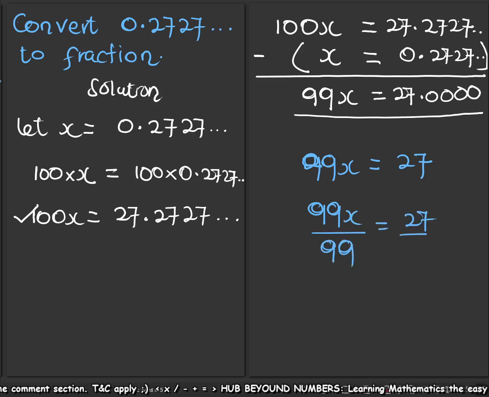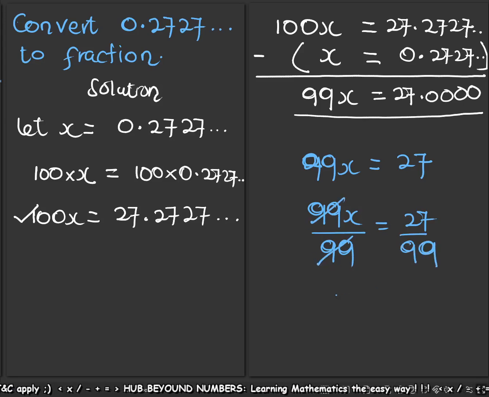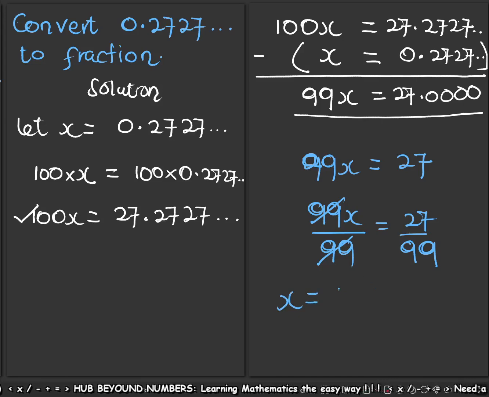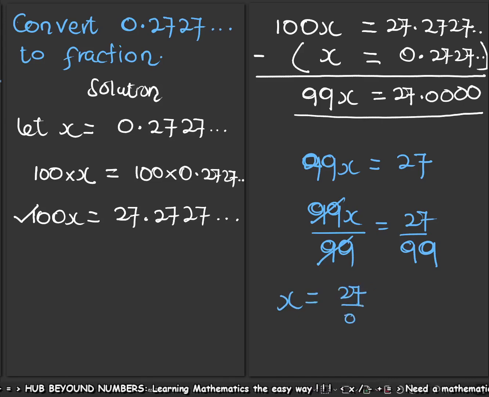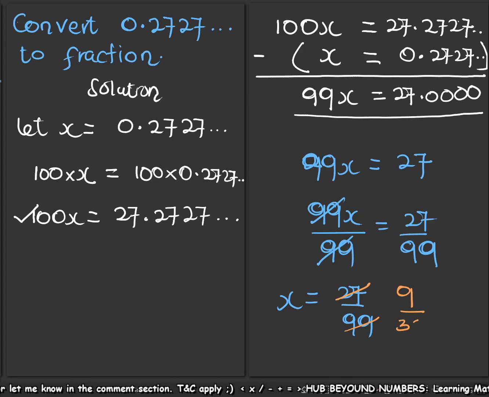And if we divide both sides by 99, we have 99 taking out 99, then our x being equal to 27 over 99. Now we know 27 and 99 have 3 in common as their common factor. So 3 divides 27 to give us 9, and 3 divides 99 to give us 33.